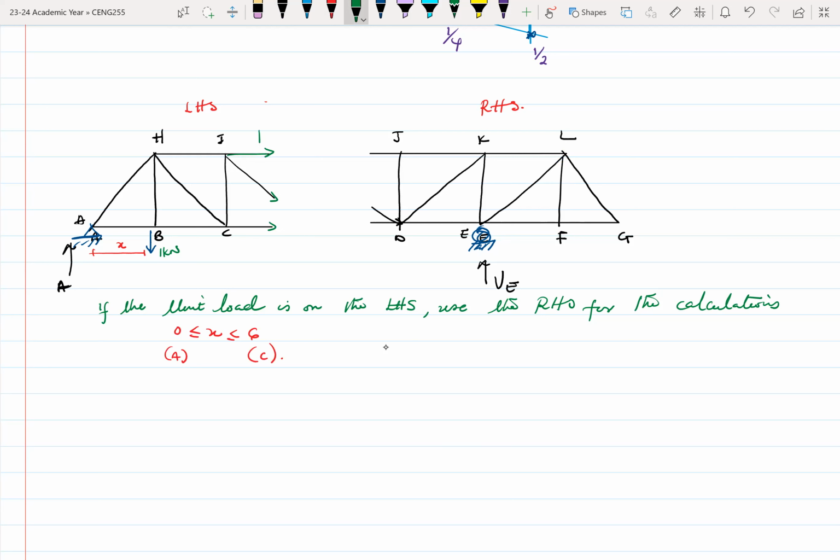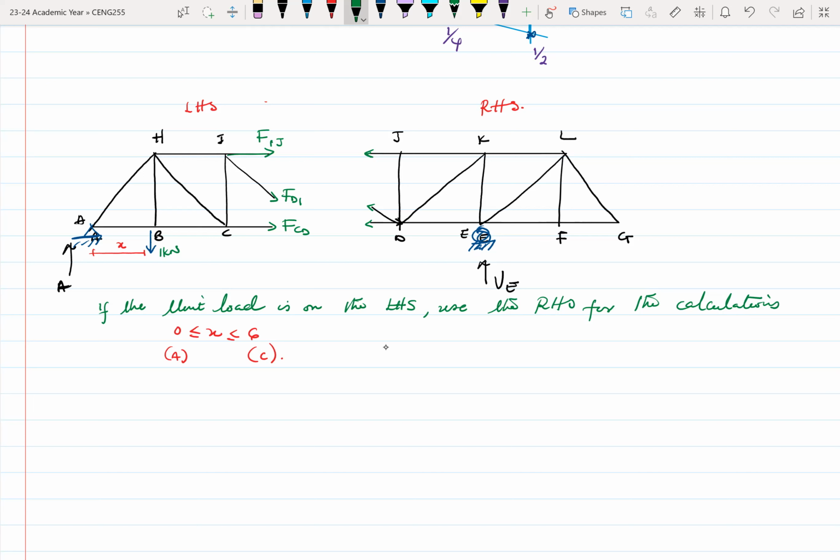Okay, so let me call this one FIJ. This is FDI. This is FCD. And it's going to be the same in opposite directions. One of the rules of truss calculations, we assume that the forces in the members are in tension, so they're moving away from the joints.